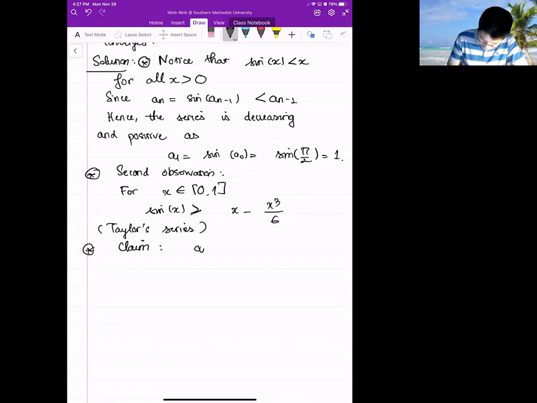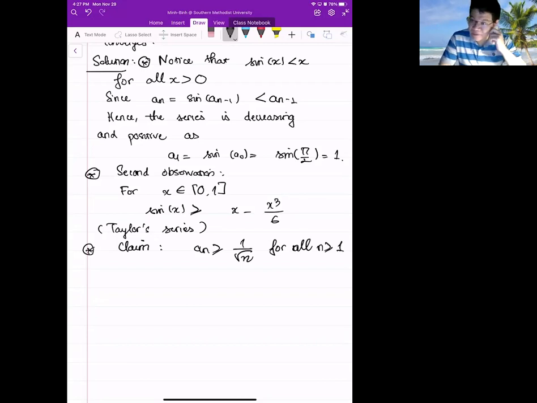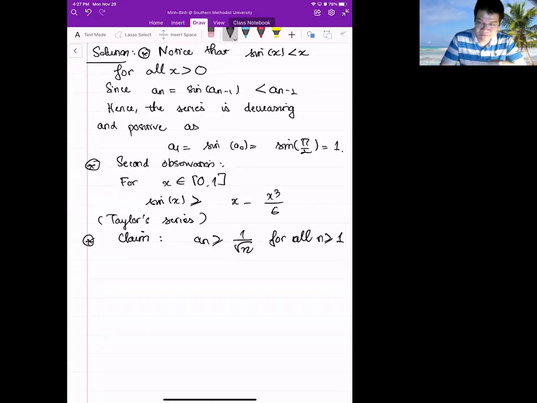We have that an is bigger than or equal to 1 over square root of n, for n bigger than or equal to 1, right? So how do we prove this claim? To prove this claim, the only tool that we have is induction, right?